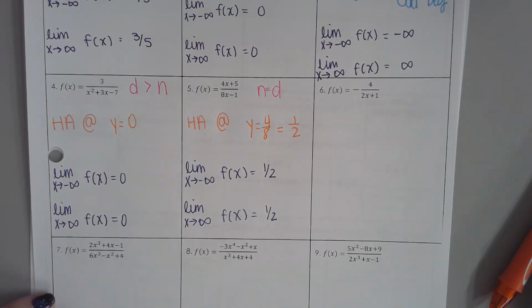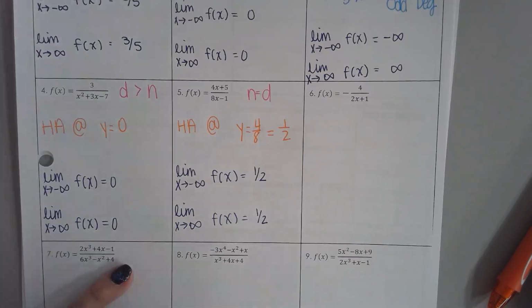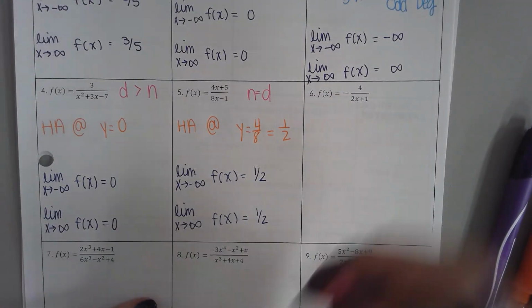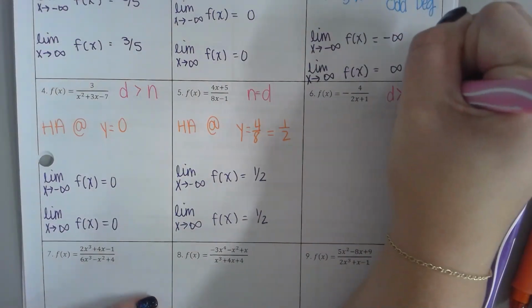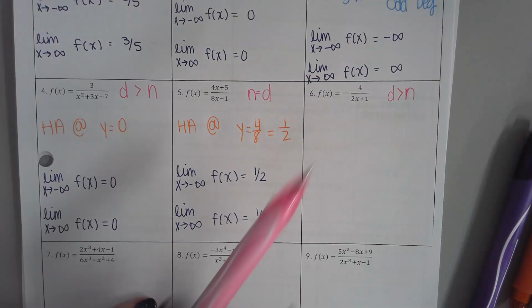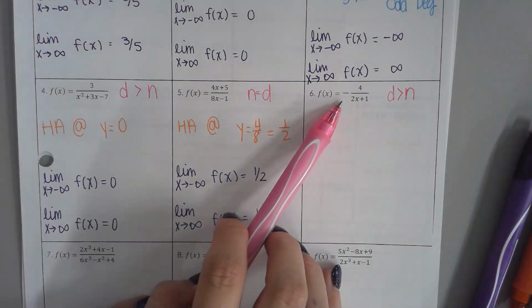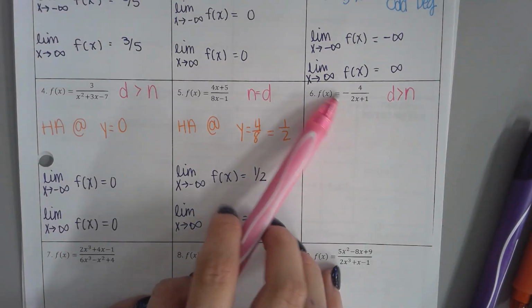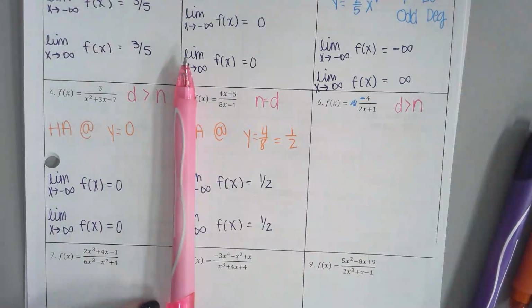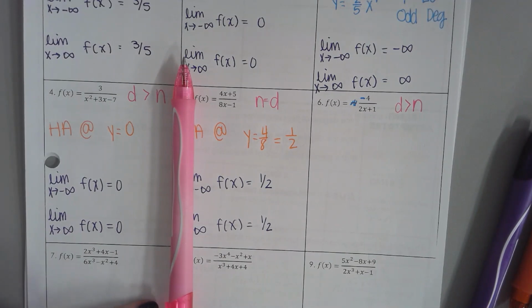Right, number 6. Which one's bigger? Denominator. If you have a negative in the front, that's the same thing as if you just put it either in the top or in the bottom.